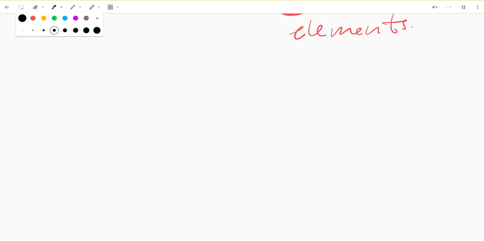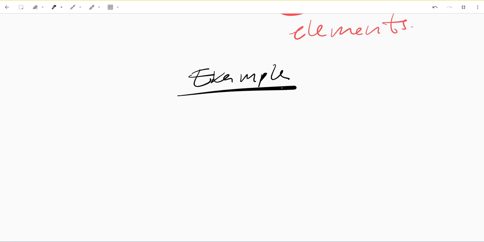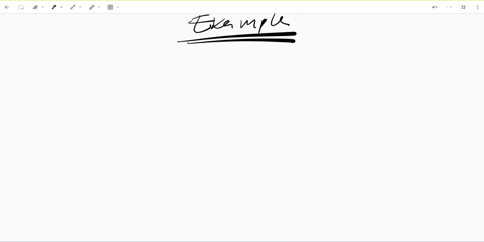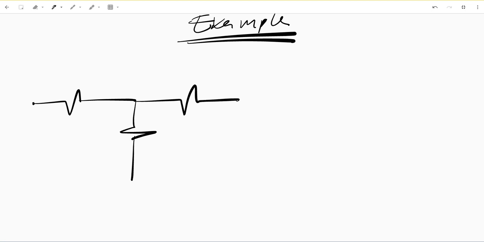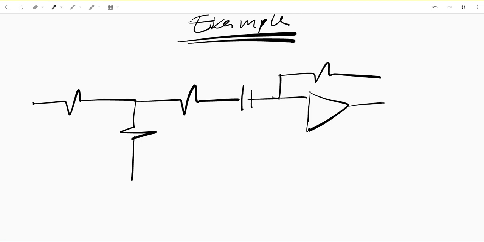Let's start off with an example to see this in action. If we're given a circuit diagram that has all of our components that were named earlier, the resistor, the capacitor, and then I'm going to go ahead and draw an op amp here.